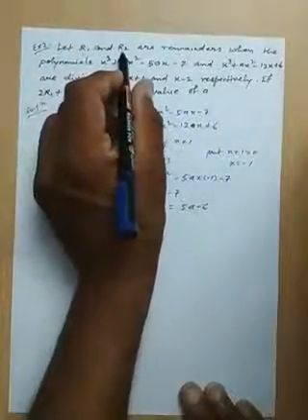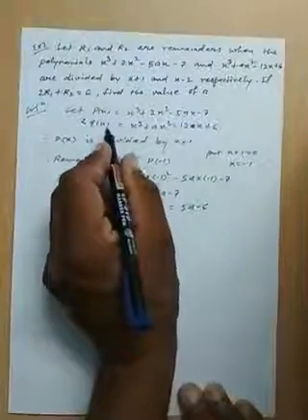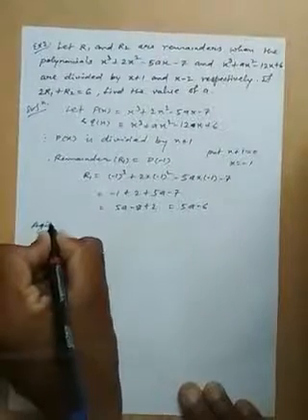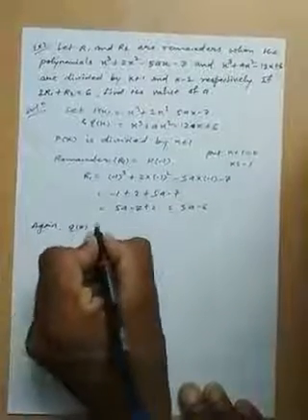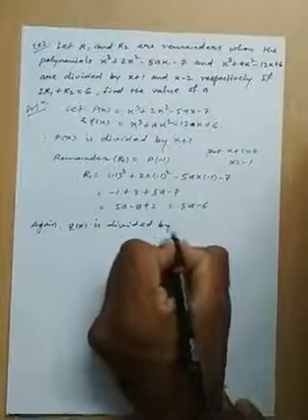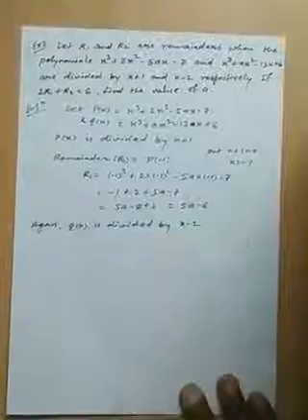Similarly, we will find R2 by dividing Qx by x minus 2. Again, Qx is divided by x minus 2.